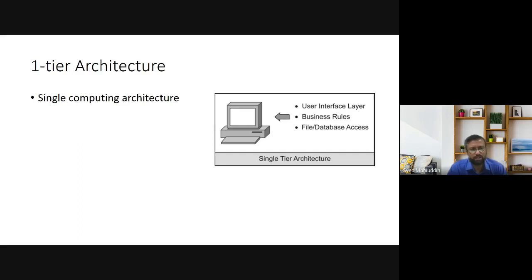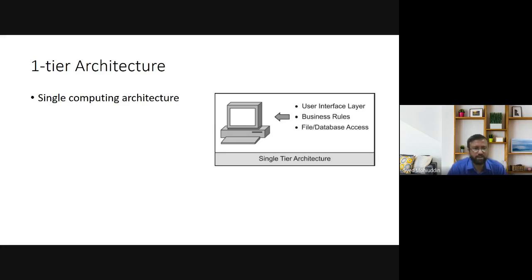Now, this type of architecture is relatively easy to manage, and there is no problem with respect to data consistency, because data is stored at a single location. But the major disadvantage of this architecture is that the application cannot be used by multiple users, because the entire application, with the presentation logic, business logic, and the data, is present on a single system.